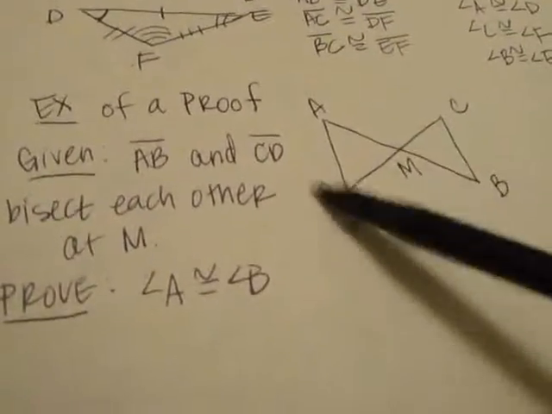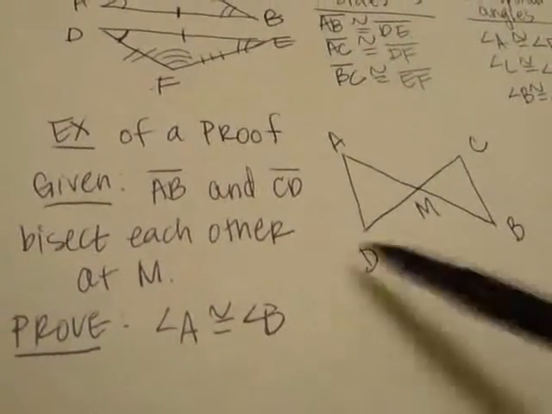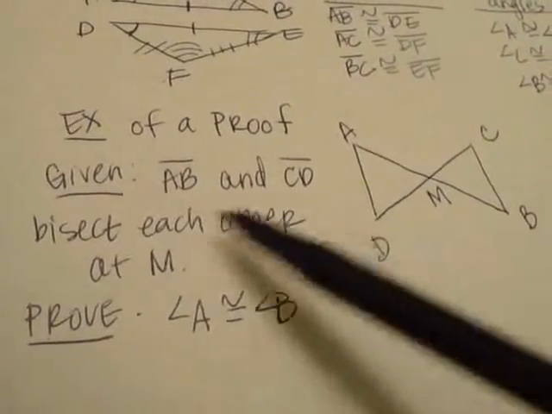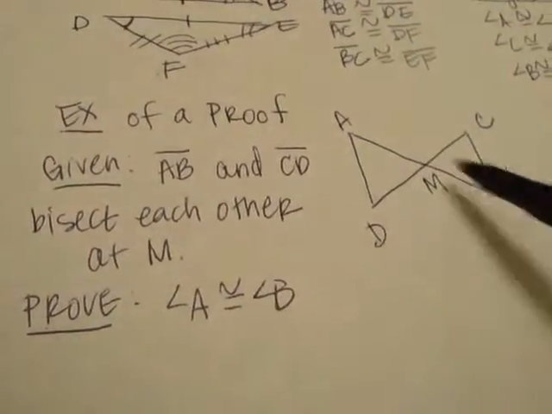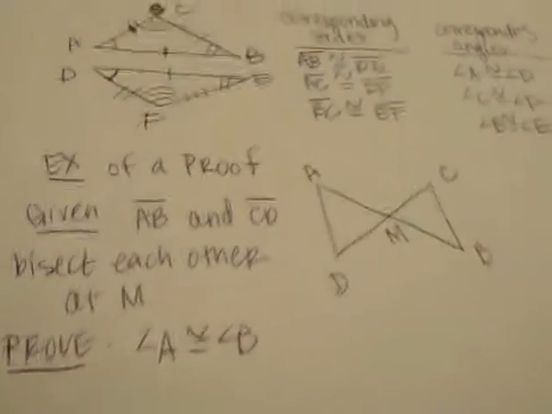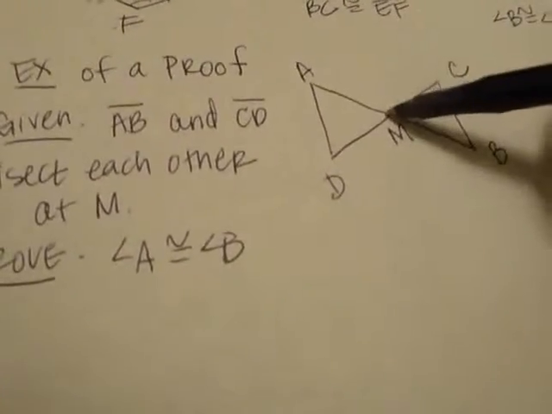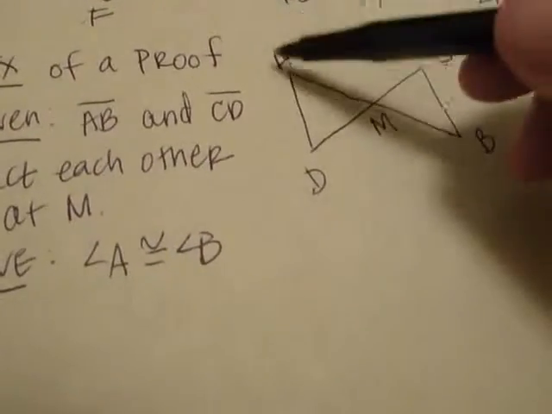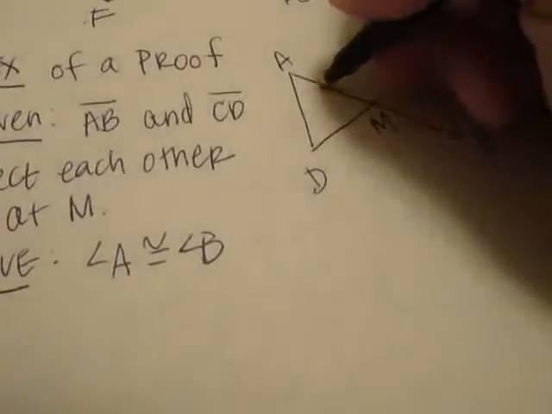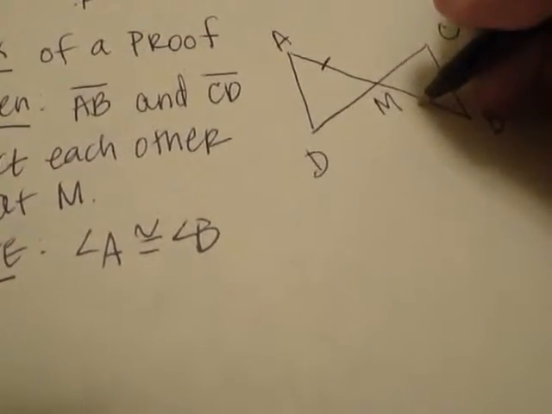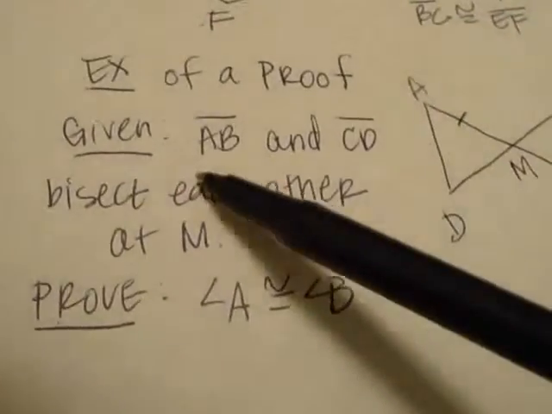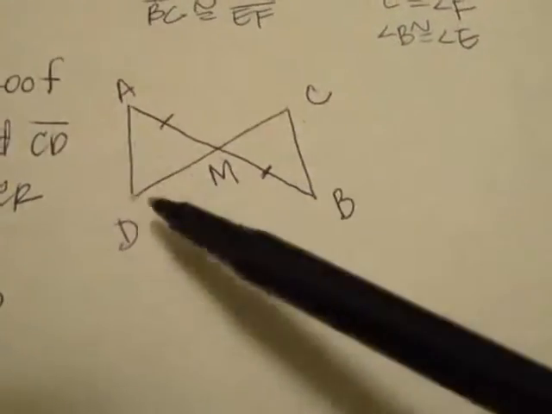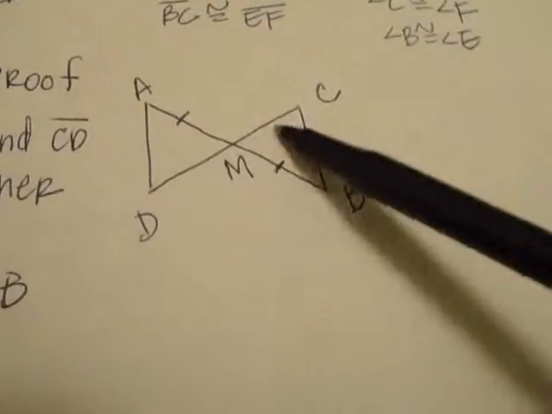Now I'm going to sit here and just try to figure out what postulates I'm going to use. We're given this information: AB and CD bisect each other. And bisect means that it splits the segment into two equal parts. So if DC bisects AB at M, that means that AM is congruent to BM. And it also says that AB and CD bisect each other, so AB also bisects DC, or splits it into two equal halves.